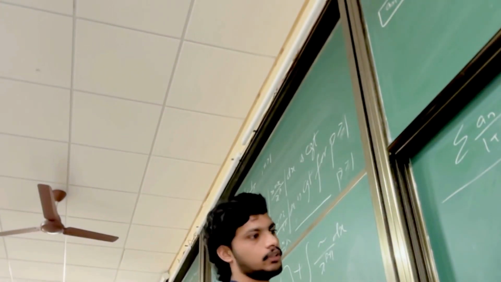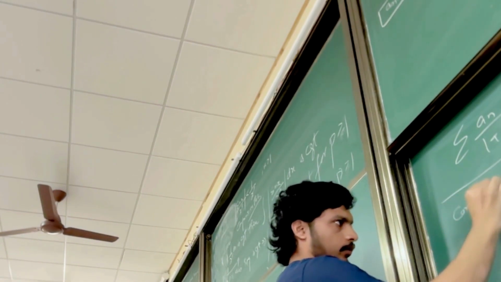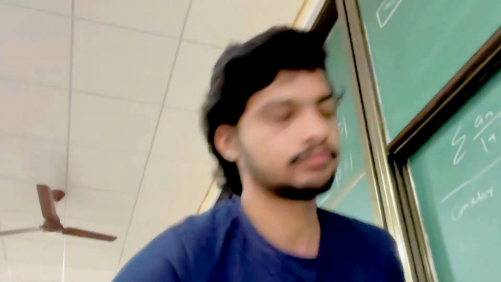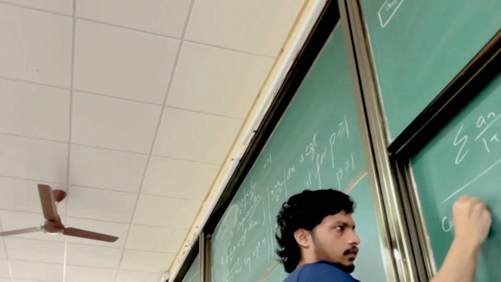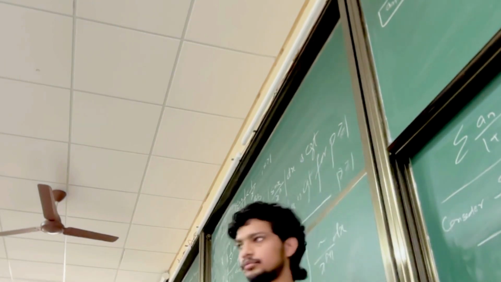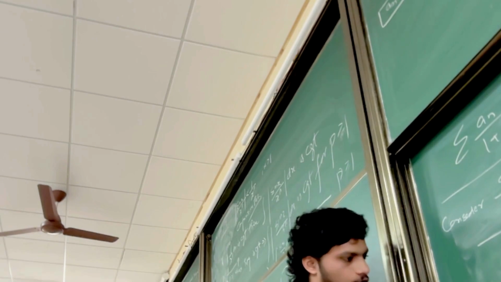How? Consider bn to be an. Okay, consider this: an upon 1 plus an, upon an. An upon 1 plus an upon an. This is going to be 1 upon 1 plus an, right?